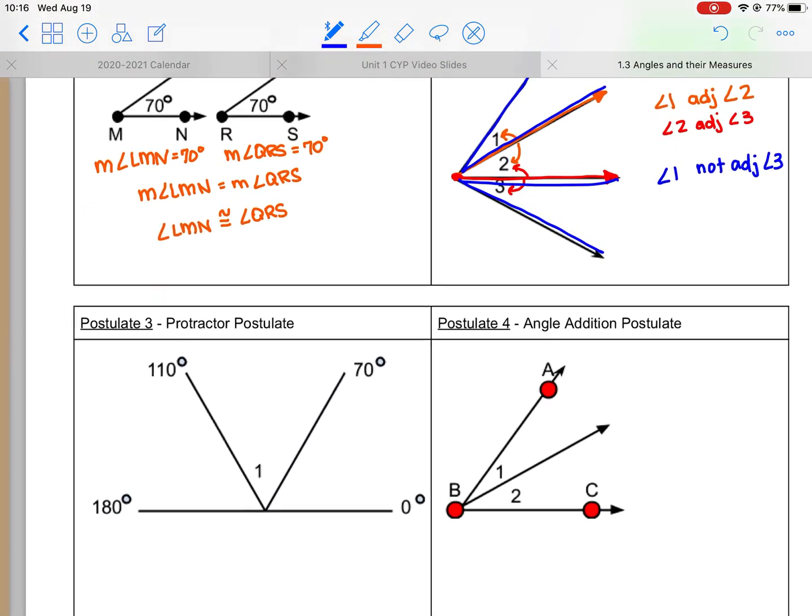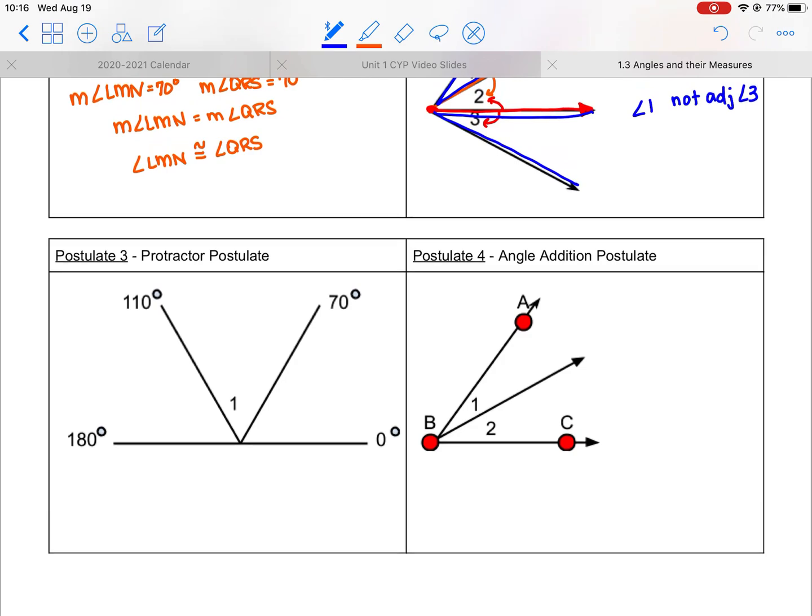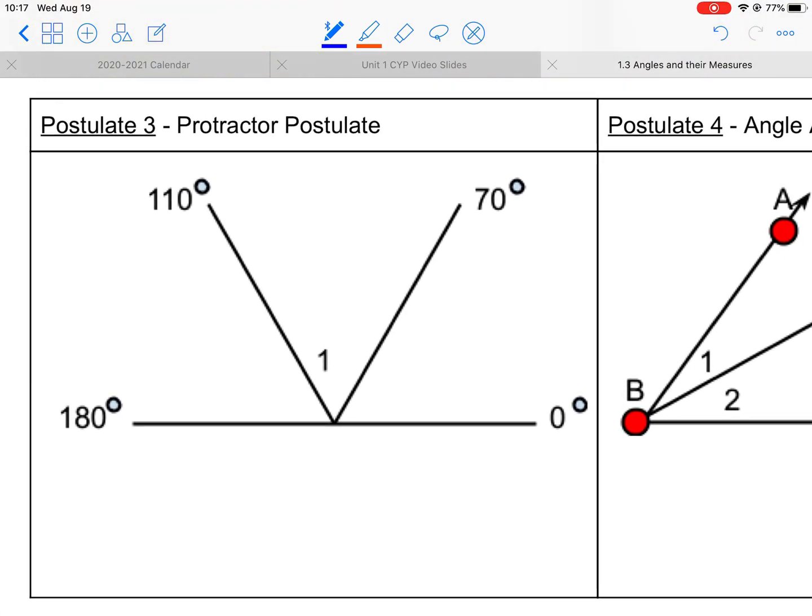So with these, we have some different postulates that we can use. The first one is the protractor postulate, which is going to be similar to the ruler postulate. The protractor postulate says each ray is matched up with a measurement based on a protractor.